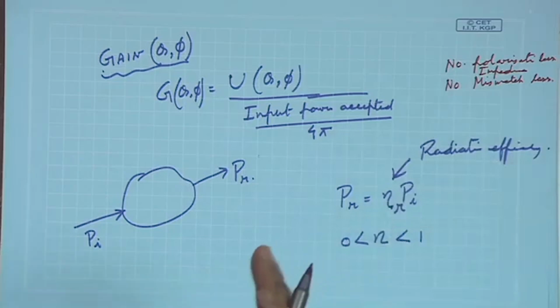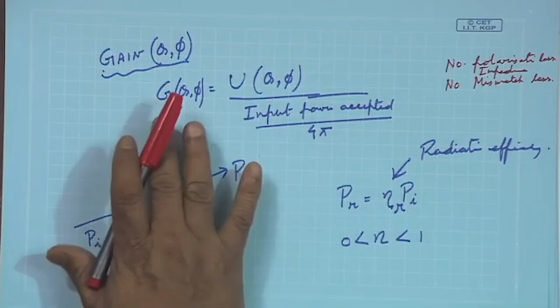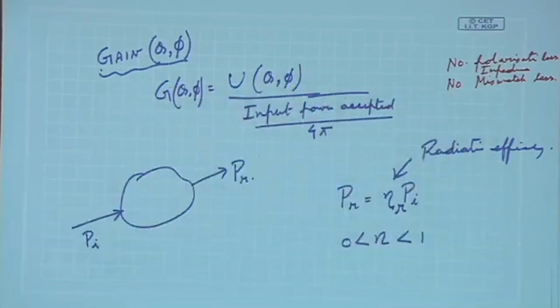If there is impedance mismatch, there will be reflected power, so you take that into account. If the polarization changes, there will be polarization loss. You take those losses into account, and then this formula is valid.